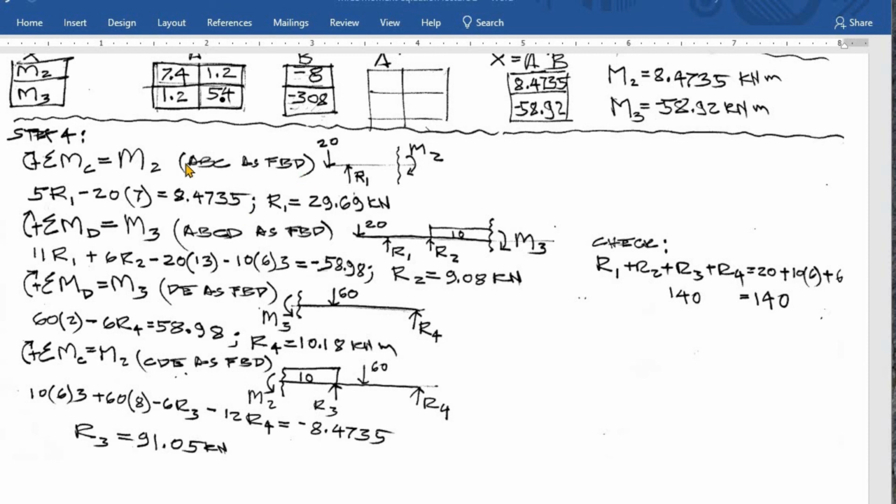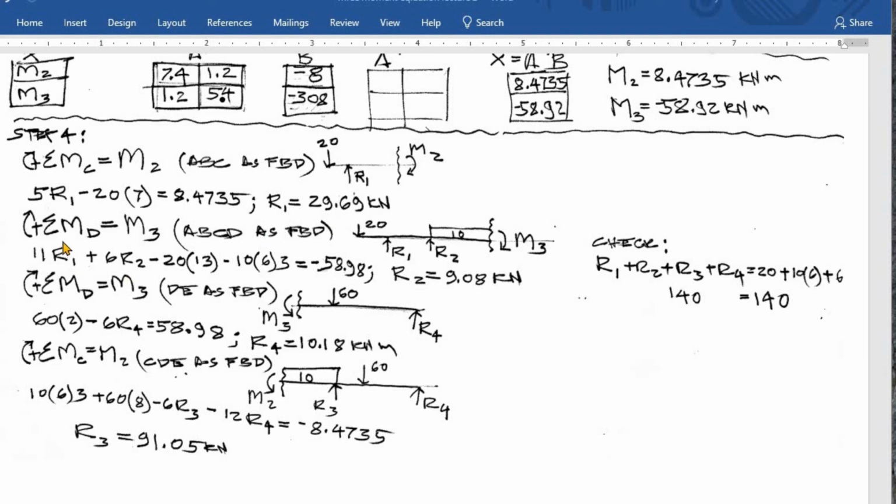So, remember na si point A, yan yung tapat ni 20 na concentrated load. Si point B, yan yung R1. Point C, yan yung cut section. So, summation moment at C, you have 5R1, positive kasi clockwise, and then negative 20 times 7 is equal to 8.4735. Yan si M2. Ito siya. So, you have your reaction 1.